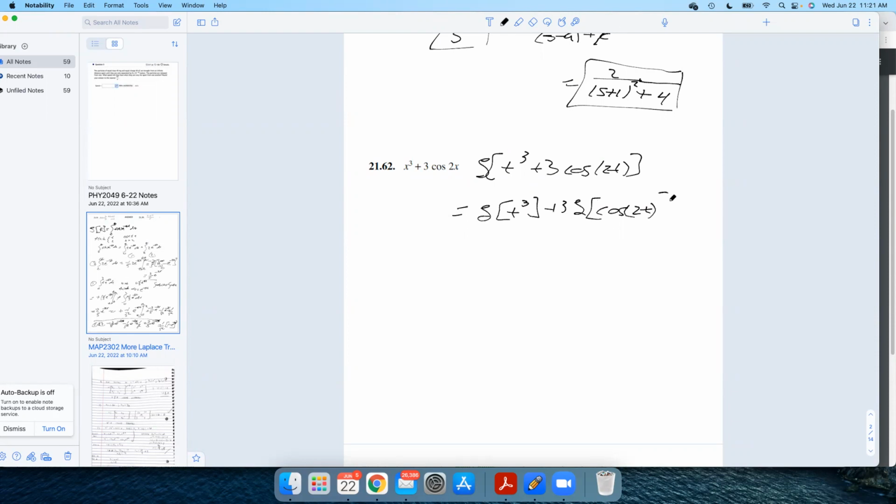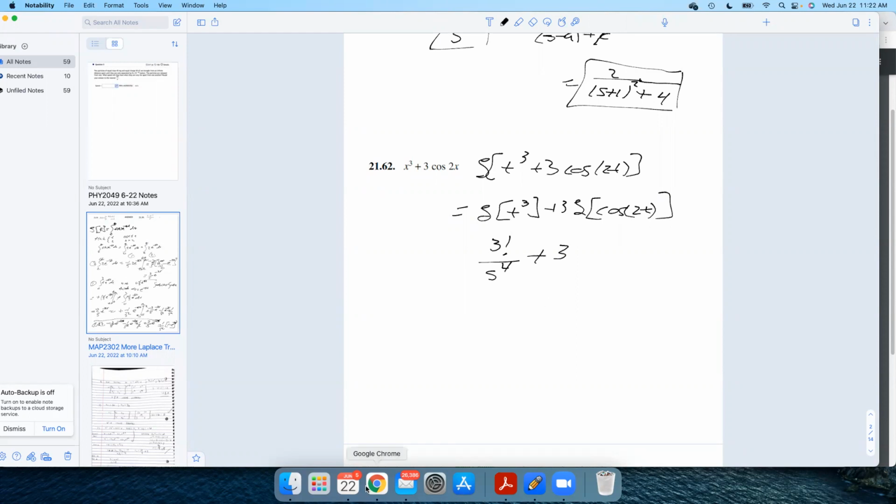It's a linear operator. So I can just distribute. I can pull that 3 out front. Okay, I already know how to do this guy. T raised to power, we get the old power on top factorial, so 3 factorial, divided by the old power plus 1, s raised to the old power plus 1.